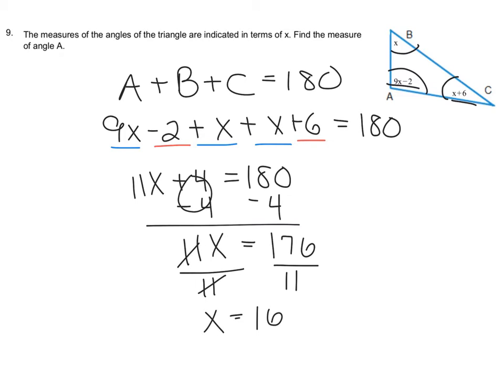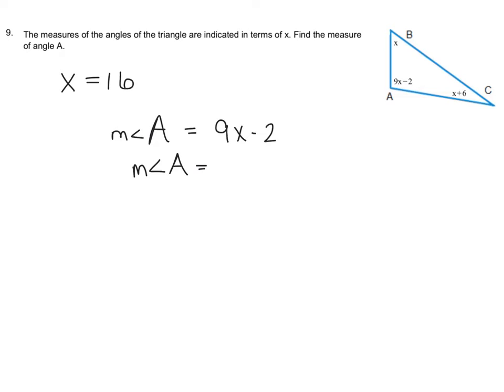Now, if we go back to our problem, we're asked to find the measure of angle A. And A is represented by the expression 9x minus 2. So in order to find angle A, we're going to plug in x equals 16 into the expression and solve.